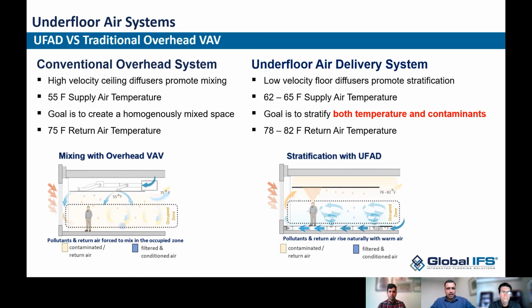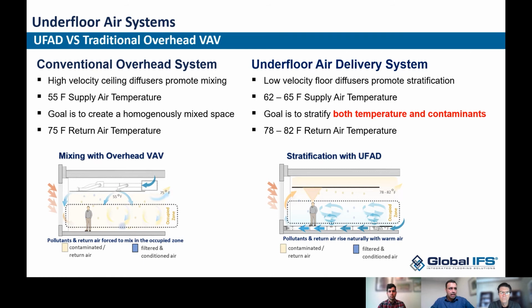Essentially, overhead mixing is what you see on the left side of your screen. If you look up, most likely you'll see a diffuser in the ceiling. That diffuser introduces the air at 55 degrees and high velocity, and the idea is to mix the air within the space. The goal with these systems is to provide a homogeneous environment.